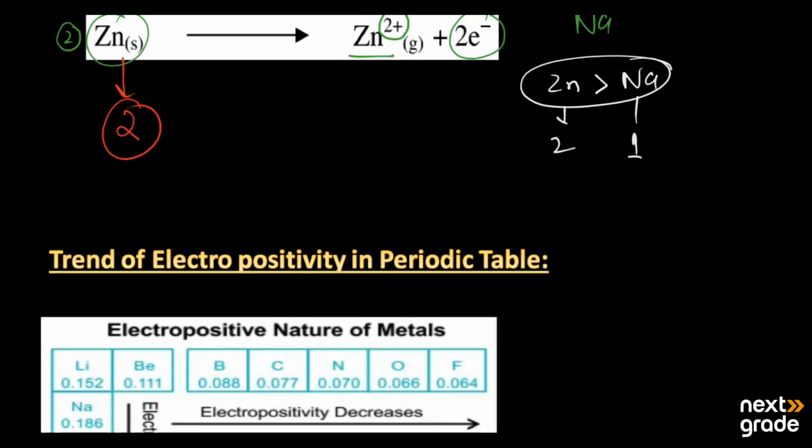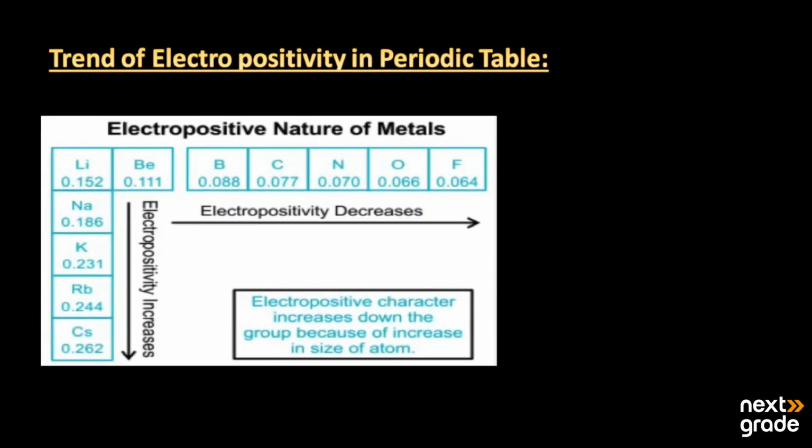Now we have the trend of electropositivity in the periodic table, that is, the trend along a group and a period. When we move from left to right in a period, we have lithium, then beryllium, boron, carbon, nitrogen, oxygen and so on. After lithium and beryllium, there is a start of non-metals.